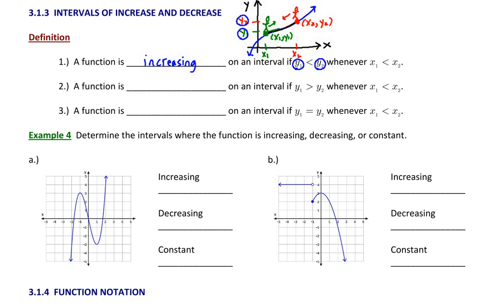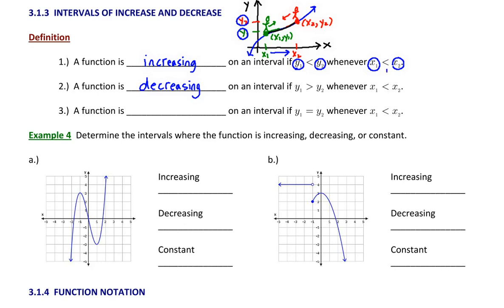But that only works provided we are moving left to right. So my x sub 1 less than x sub 2 indicates that we must read this graph from left to right, as we discussed. Okay, similarly, a function is decreasing on an interval if y sub 1 is greater than y sub 2 whenever x sub 1 is less than x sub 2.